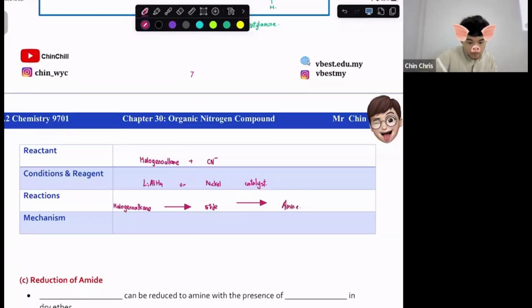The first reaction is SN1 or SN2 substitution, that's the mechanism. The second reaction, the mechanism is reduction. This is in your AS. This entire part is AS.